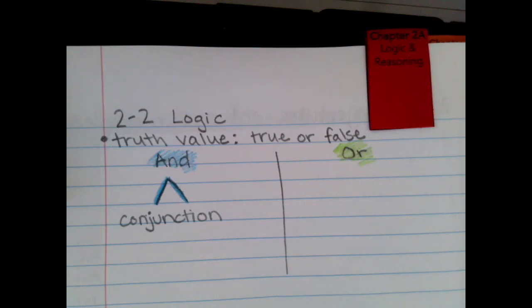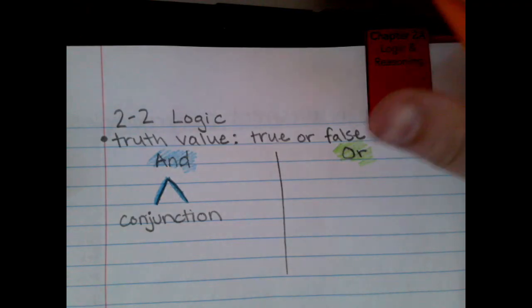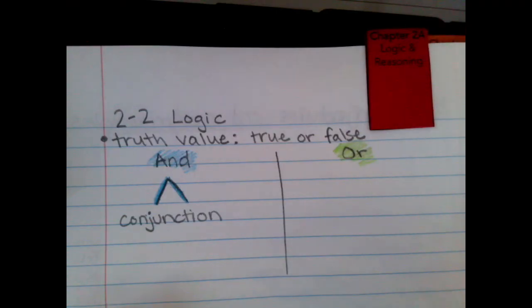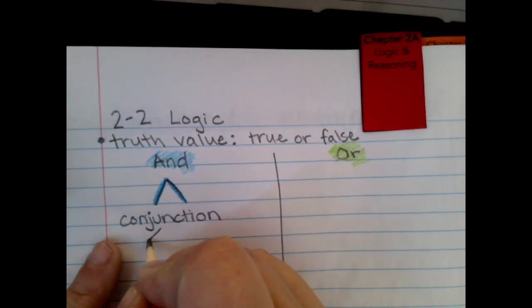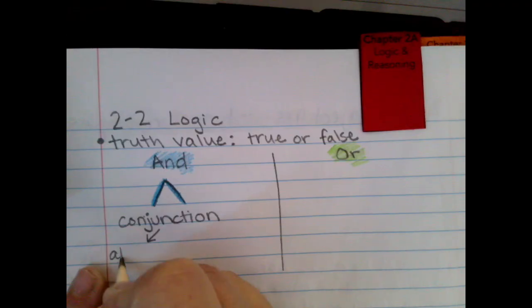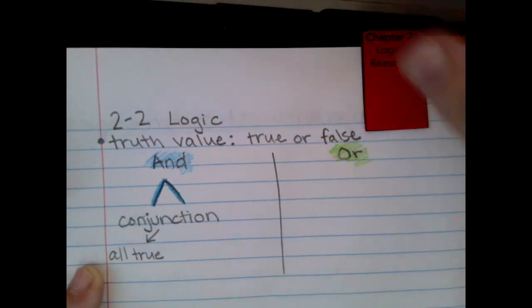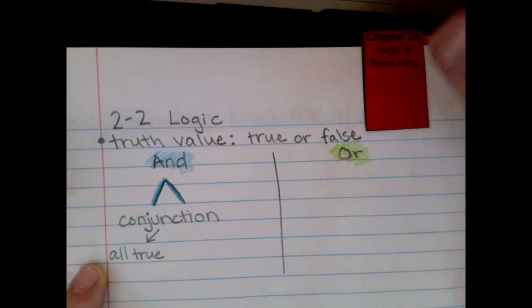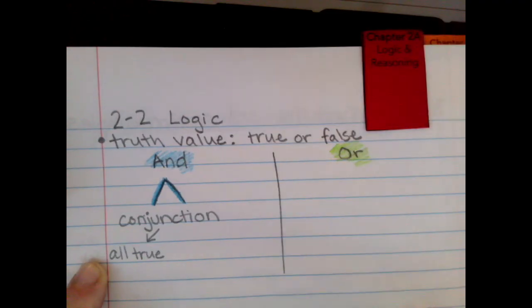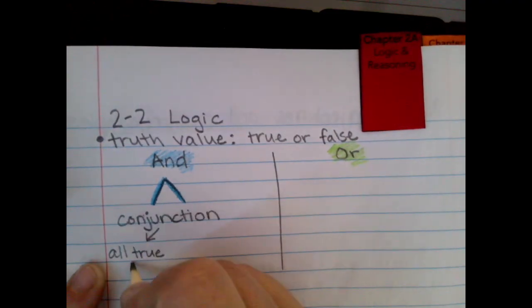No. When she says you have to do the dishes and clean your room, what does that mean? You have to do both. Okay, so when we're looking at a conjunction, they have to all be true. If each part in an and statement is true, then the whole thing is true.